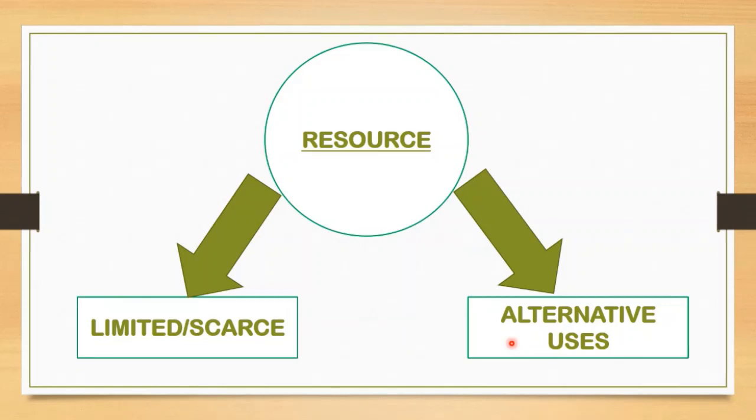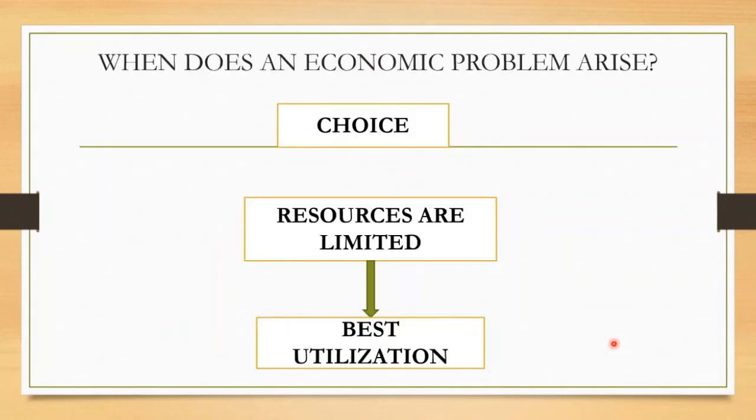So what are the two characteristics of resources? Firstly, it is limited or scarce. Secondly, it has its alternative uses. Now we move forward to the economic problem. When does an economic problem arise? When you have a choice. Why do you have a choice? Because resources are limited.